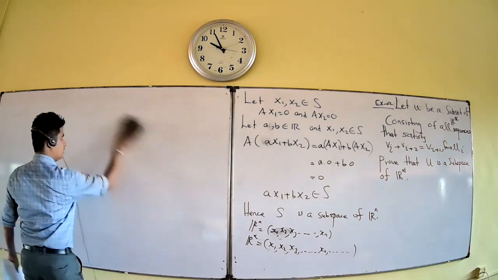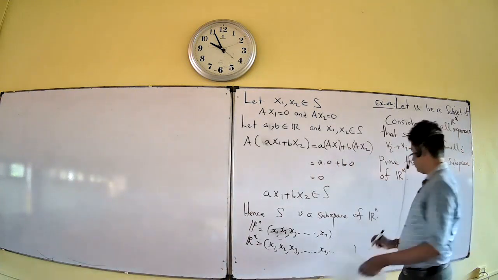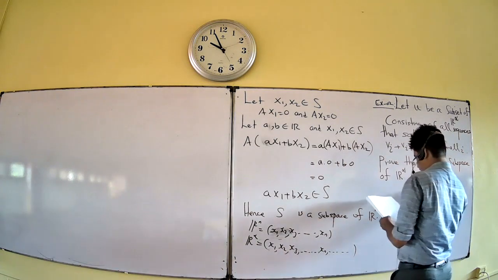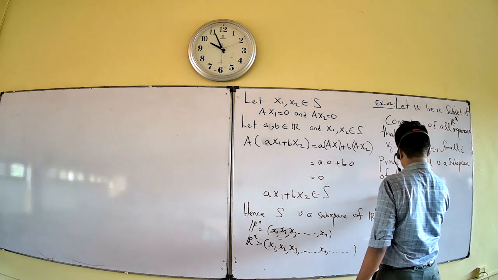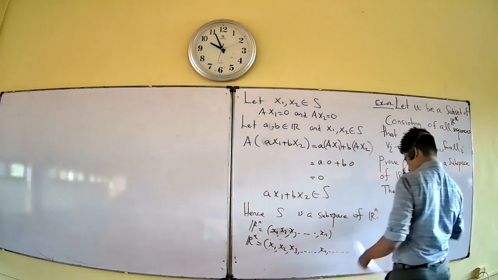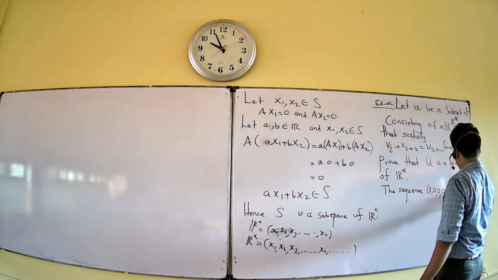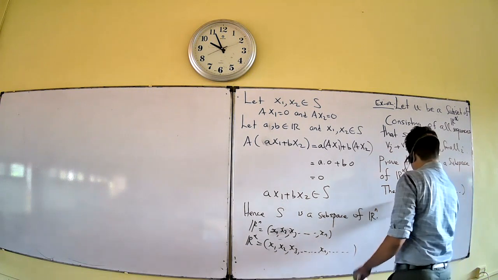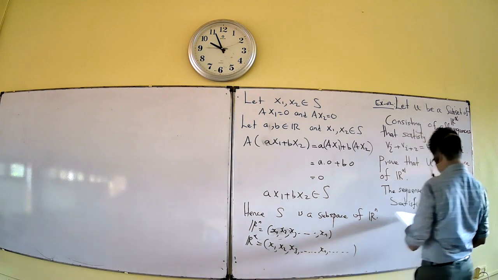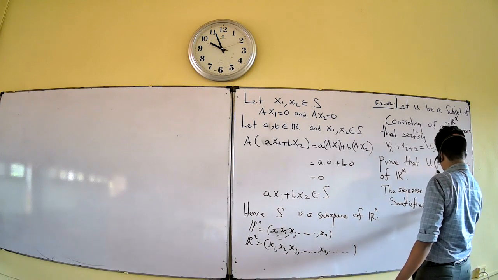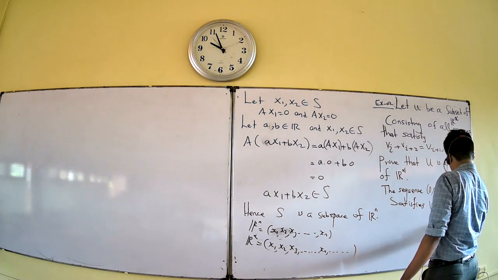So the first one is clearly true, no? The zero sequence, 0, 0, 0, 0, and so on, satisfies the equation Vi plus 2 equals Vi plus 1 for all i.